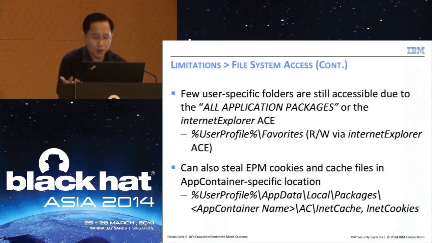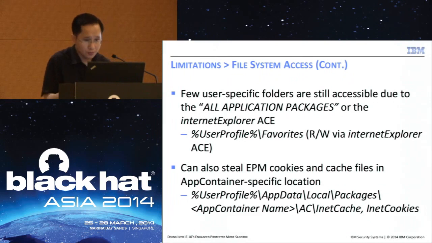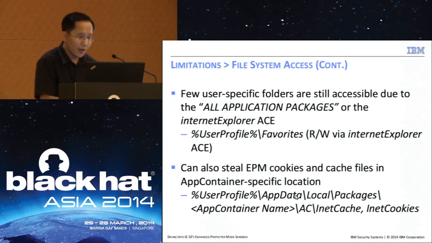There are also a few user-specific folders, those under the user profile folder, that can also be accessed because they have the All Application Packages ACE or the Internet Explorer capability ACE. An example of this, as I discussed before, is the favorites folder.